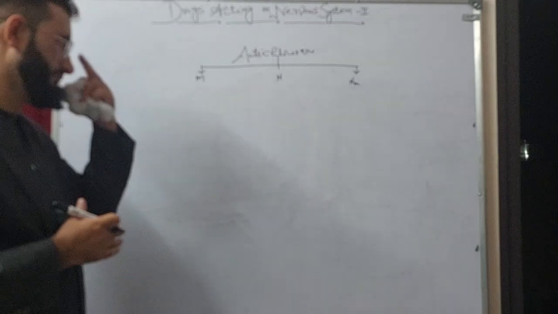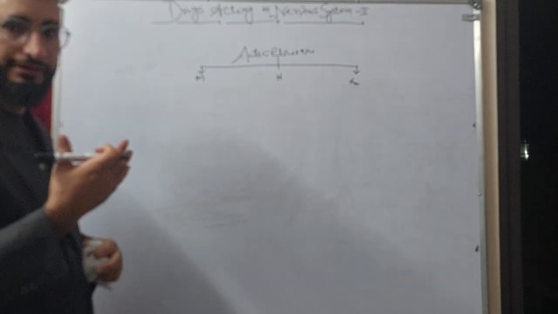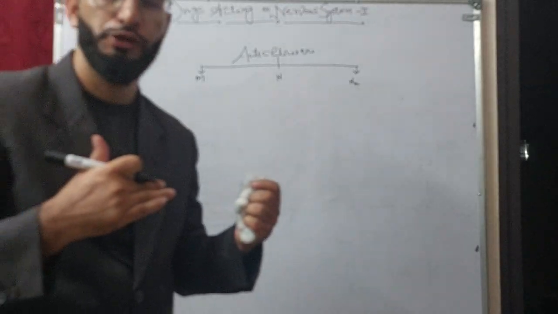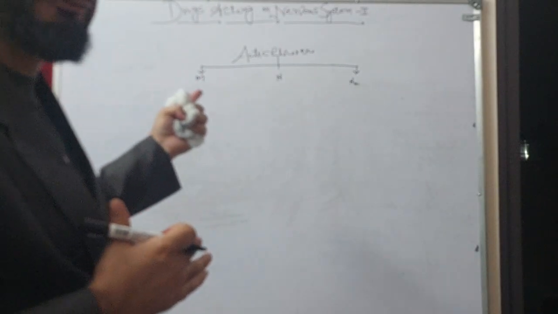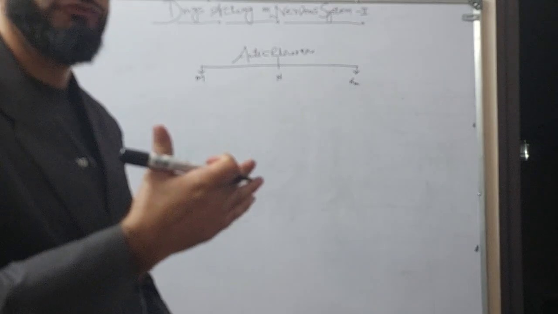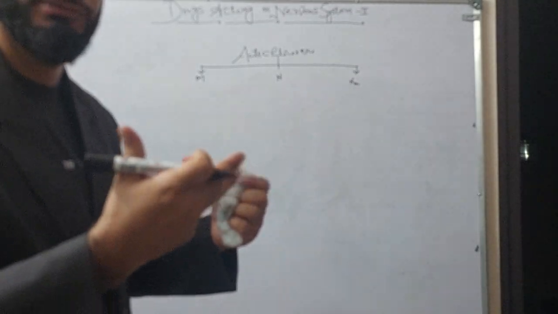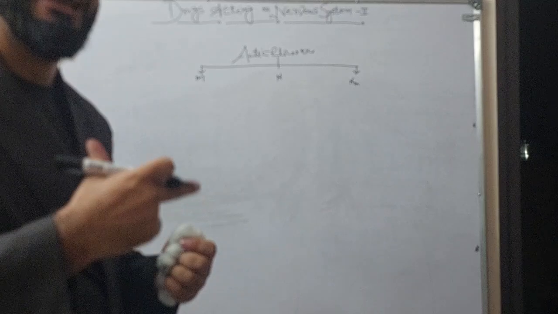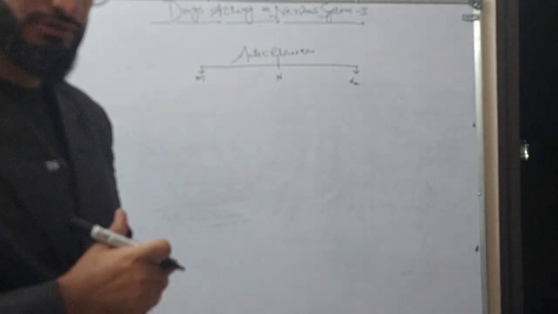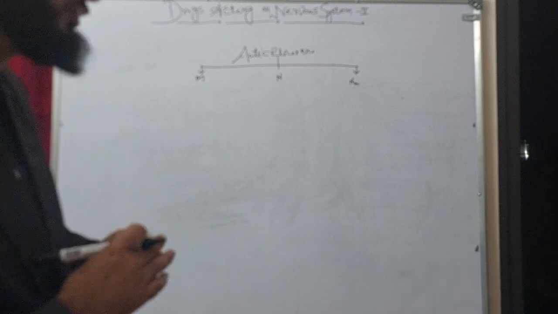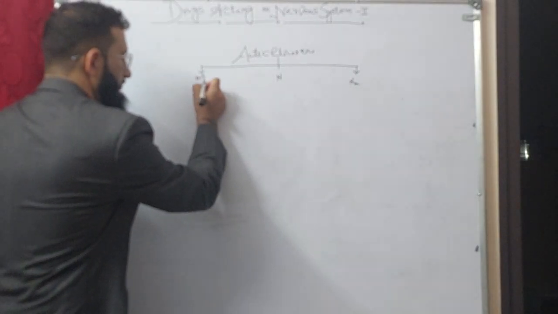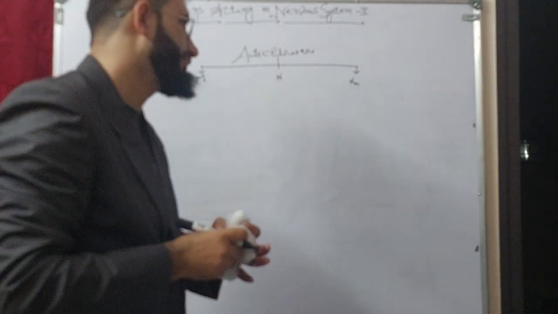For now you just focus on the selectivity, because in several competitive exams this becomes a very important MCQ question: which of the drugs is non-selective for muscarinic receptors, which one is M1 selective, which one is M2 selective. So you have to focus on this.